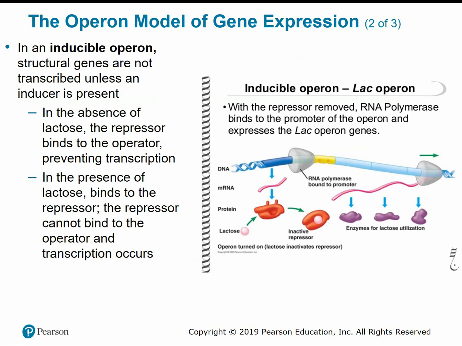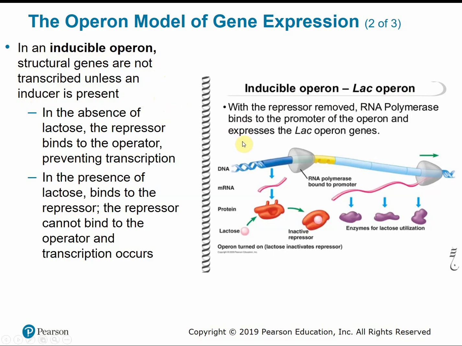A common example of this operon model of gene expression is the inducible lac operon, or the lactose operon. In these inducible operons, these inducible genes are not going to be transcribed unless that inducer is present. Unless that specific OK signal is given, transcription is not going to occur.